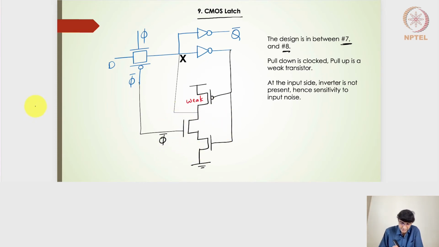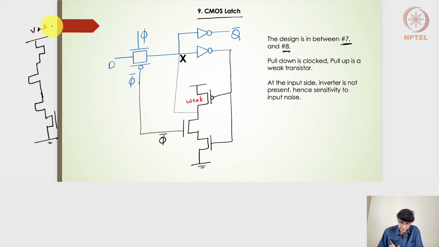If you notice the tri-state inverter, let me redraw that, the tri-state inverter. So I'm drawing the tri-state inverter in the feedback path, and just placing the transistors in a different way. Yeah. So let me complete this diagram.